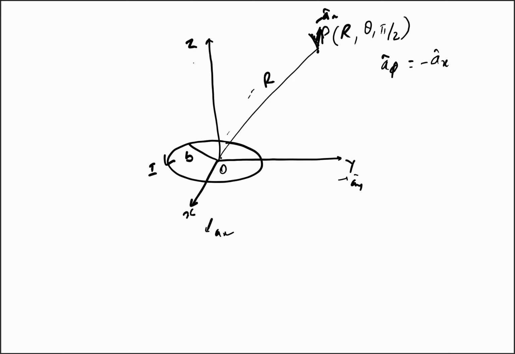Now A is equal to mu naught I over 4 pi, dl dash over the distance from the source to the observation point.